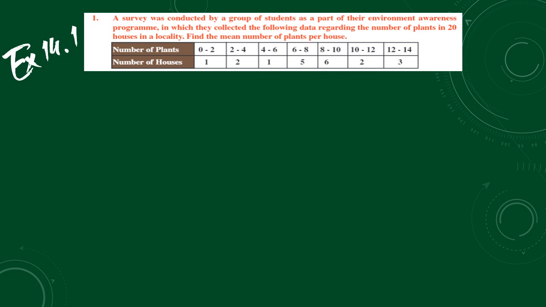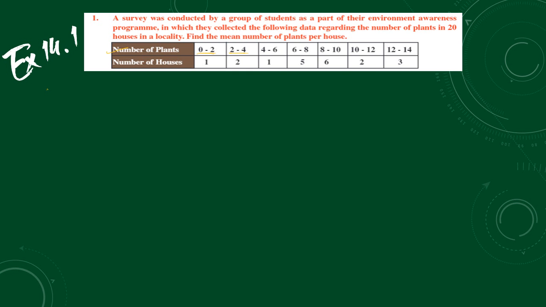In this question, the number of plants and the number of houses are given as two horizontal rows. We need to write them as vertical columns. Clearly the first column, the number of plants, gives the class intervals.